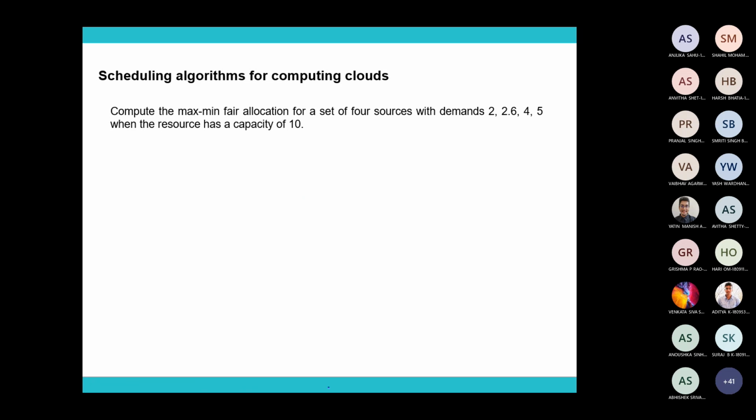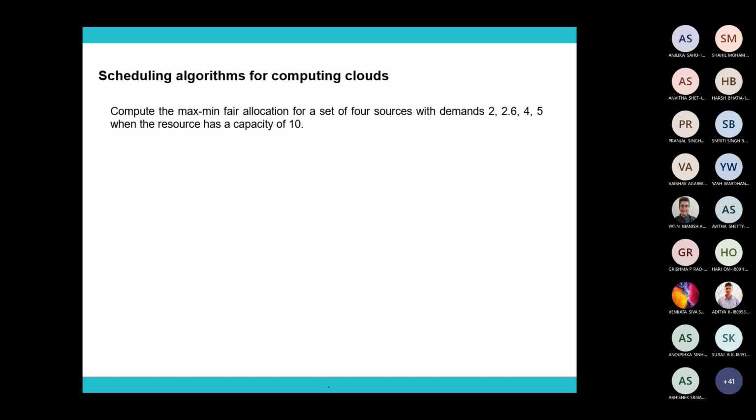Here we'll see one example for this max-min fair allocation. Compute the max-min fair allocation for a set of four sources. The four sources request resource demands of 2, 2.6, 4 and 5.